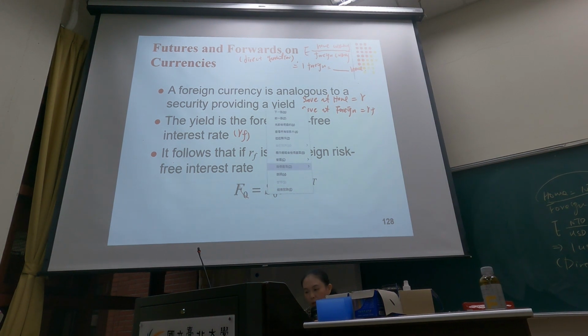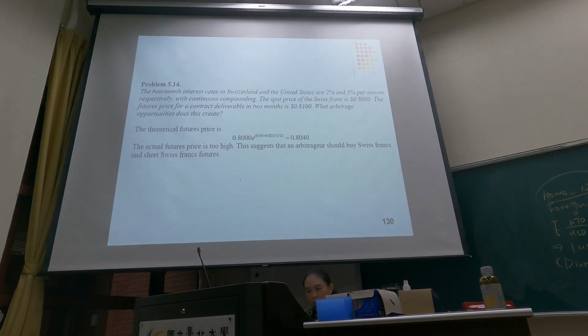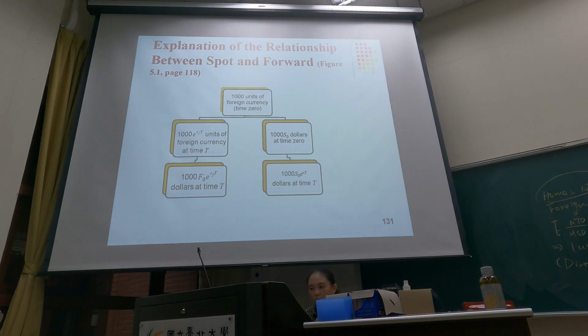Now, let's take a look at the diagrams in the next 2 slides. We'll come back to the question later. Take a look at this one, okay? So, as we said, in this pricing model, we're assuming that the exchange rate is a direct quotation. So, in order to convert back into the home currency more easily, we assume that we start at T equals 0 today, with 1,000 units of foreign currency. Okay, now you have two choices.